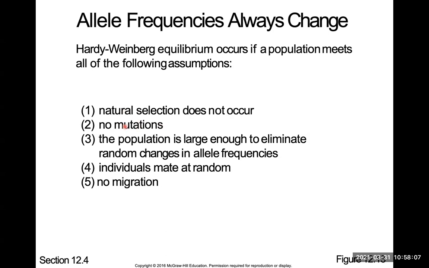The only thing I want you to know is the purpose of Hardy-Weinberg equilibrium. The purpose is to figure out if gene frequencies change over time, because if they change, we can say there's evolution happening, and if they do not change, we can say the population is stable.